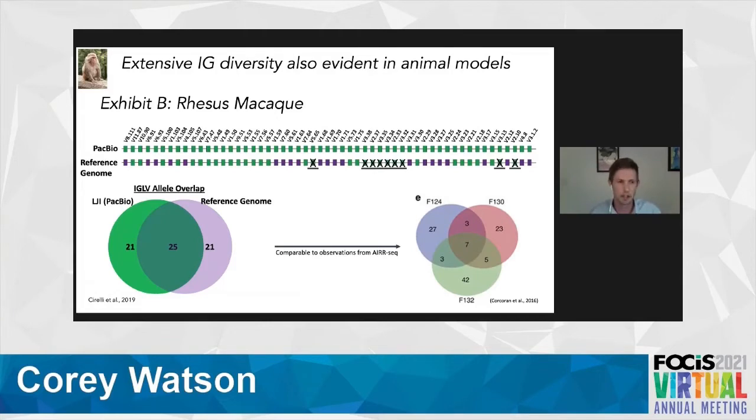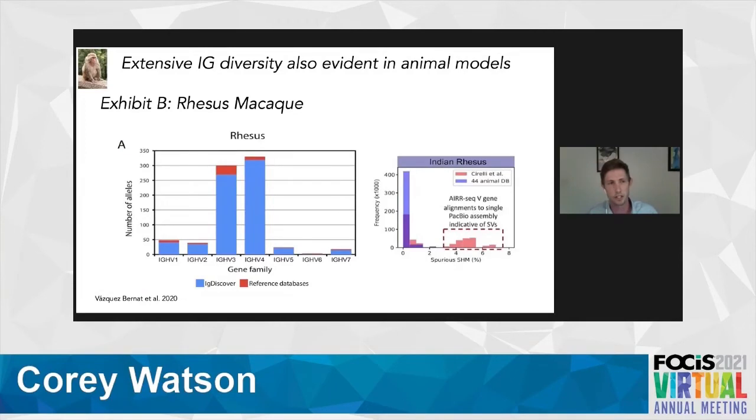And again, we're seeing variation between these reference genomes, showing that there's both allelic variation as well as structural variation between animals. This is data recently published by the Hedison lab, where they sequenced AIRR-seq repertoires for around 45 animals.